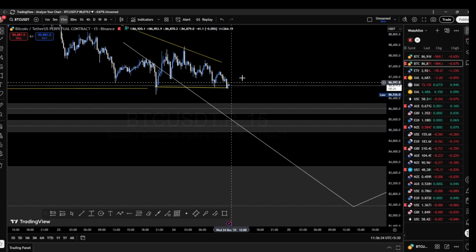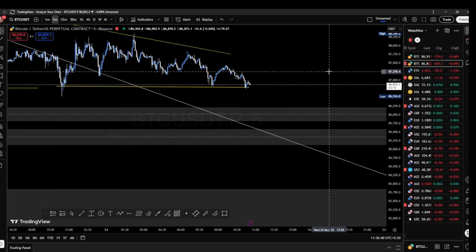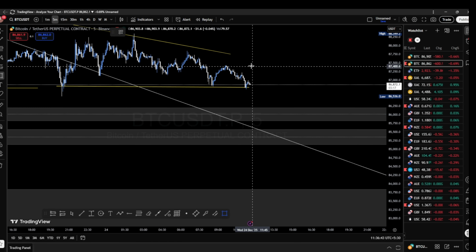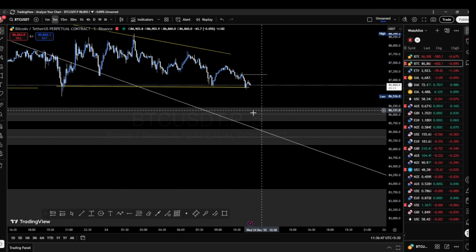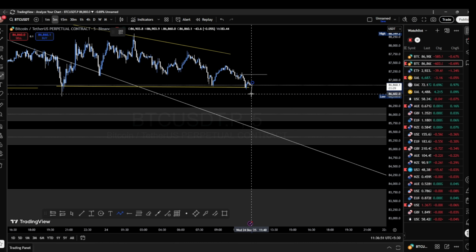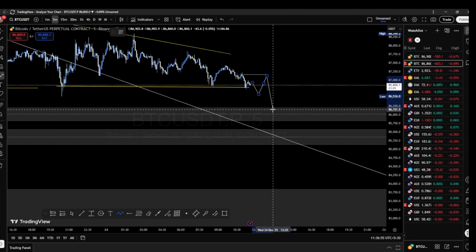Already broke this one. If the market comes to this one like this, or even like this, then go downside and target all these things.